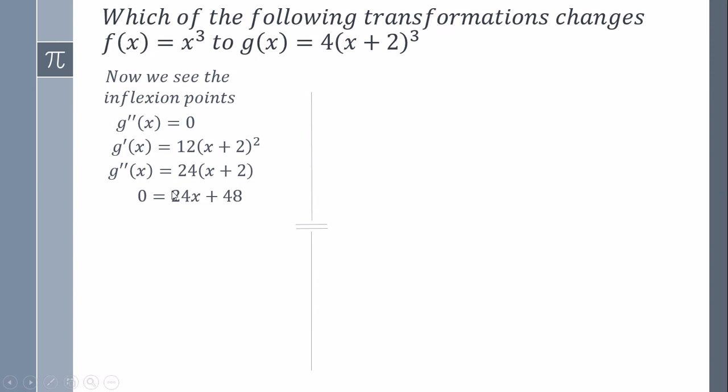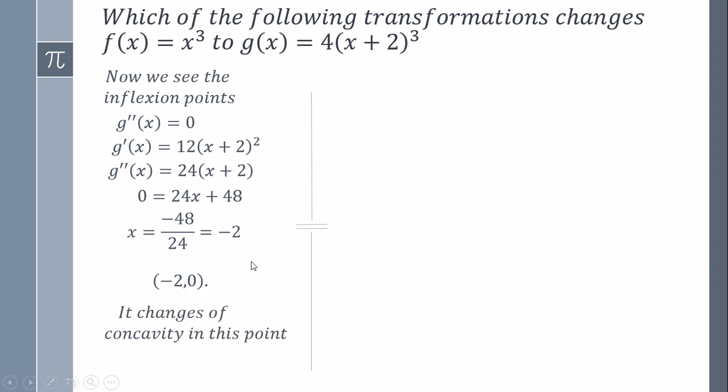And in this side we have this multiplied by 2, and when we replace for x, this 48 goes to the other side with minus, and this multiplied 24 is going to be divided, and when I divide both, I have minus 2. So the point minus 2, remember that is minus 2, 0, is going to be my inflection point. It means that at this point it changes the concavity.